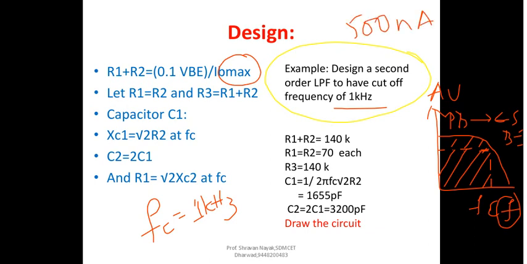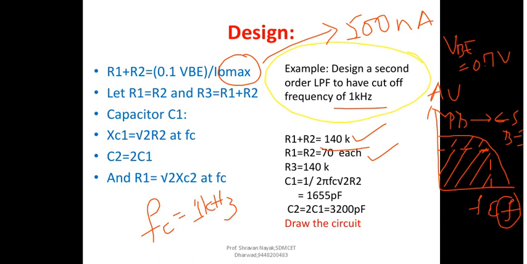I think you can quickly recall that we get 140 kilo ohm, R1 plus R2 equals 140 kilo ohm. Now when you take R1 equal to R2, you individually evaluate the values of R1, R2 and R3. R3 becomes 140 kilo ohm and R1 equals R2 becomes 70 kilo ohm each, right?